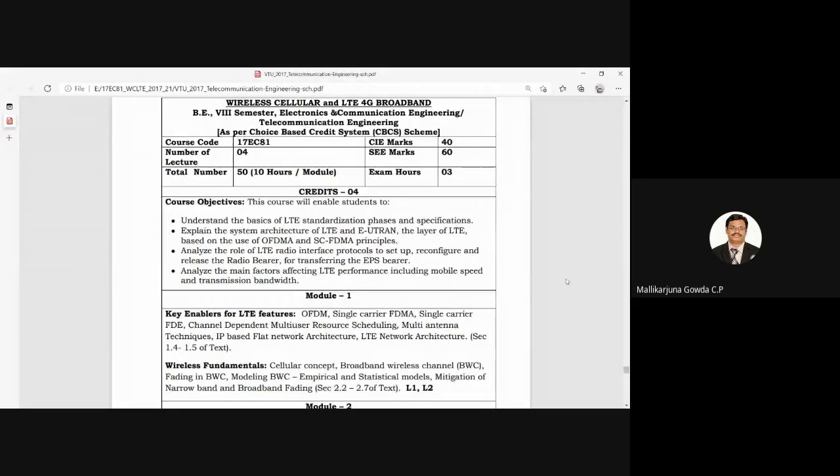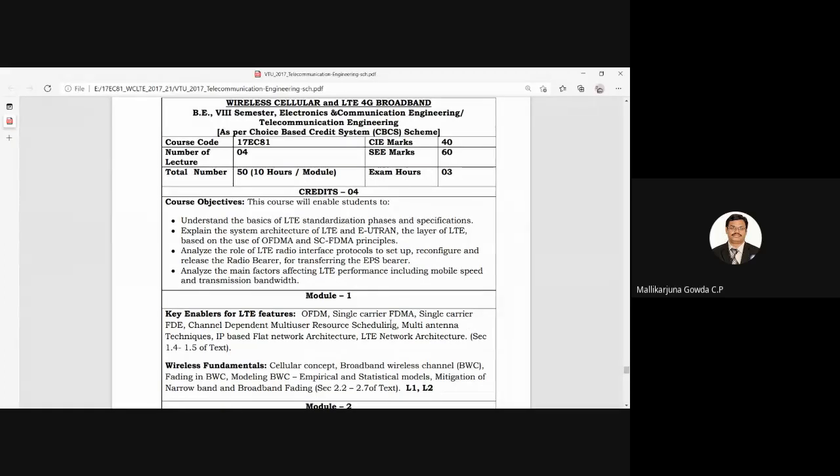Under multi-antenna techniques many things will come: first spatial multiplexing, then receive diversity and transmit diversity. As I said, it is multiple input, multiple output, that is MIMO techniques.